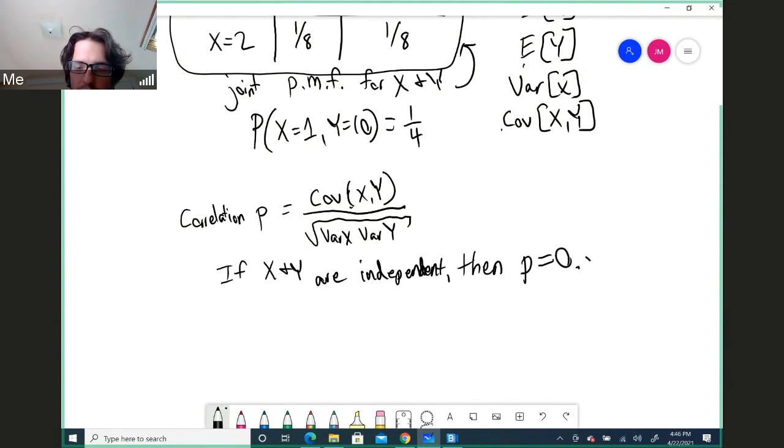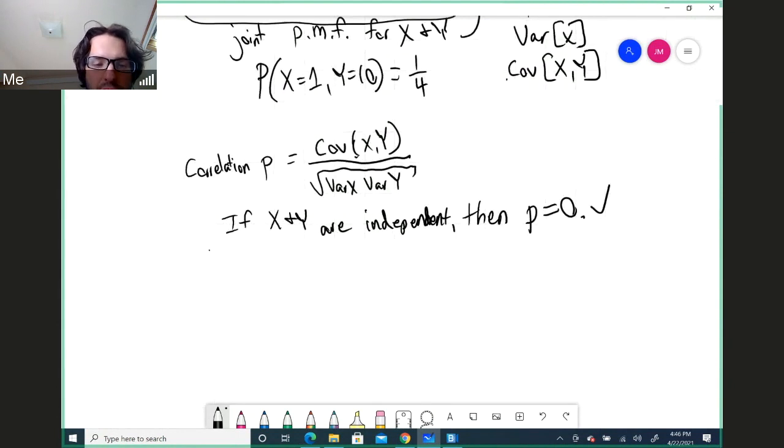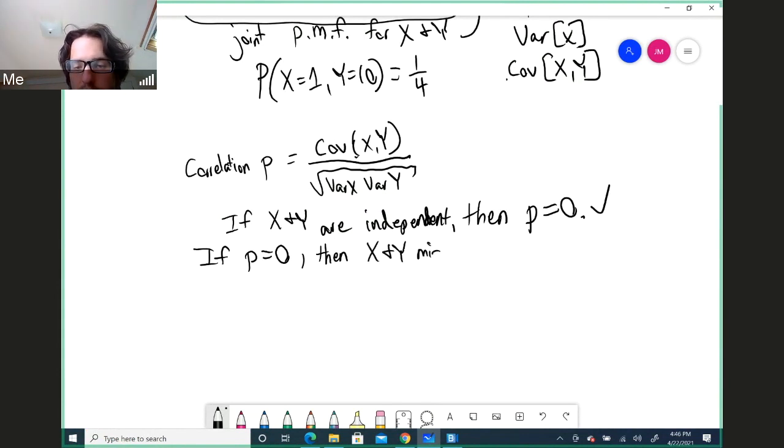That's definitely true. However, going the opposite way, if the correlation is equal to 0, then X and Y might be independent, but they also might not.